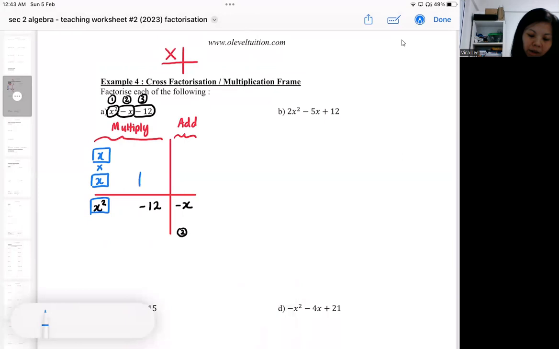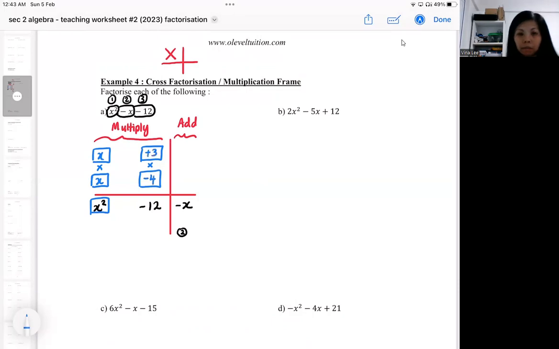You must find some multiplication where you multiply, it will get you a minus 12. You can play around with it first. For example, maybe I choose a minus 4. I choose a plus 3. So positive 3 and negative 4, yes, it does give you a minus 12.